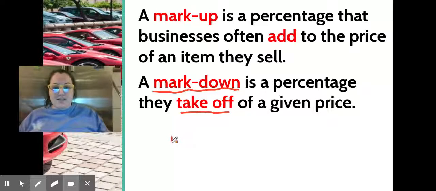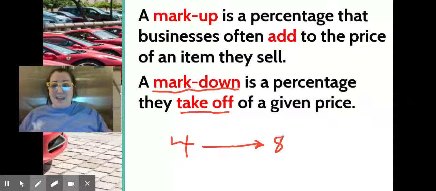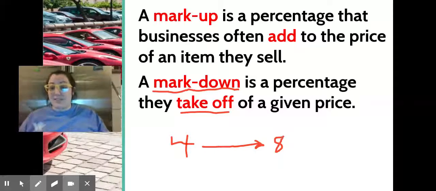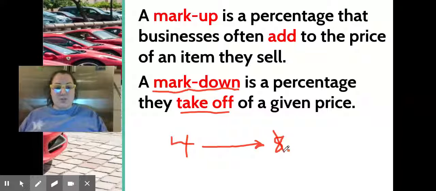Going back to that t-shirt scenario, you bought the t-shirt for $4 as a business. You originally priced it at $8. Well, this is like a summery t-shirt. Now it's wintertime and you still have some of those t-shirts left and you still want to get them off the shelf. So you say, well, I'm going to put this on the clearance rack, and instead of $8 now, it's going to be $6.